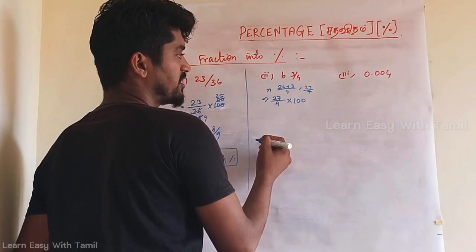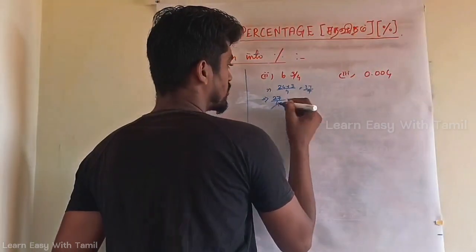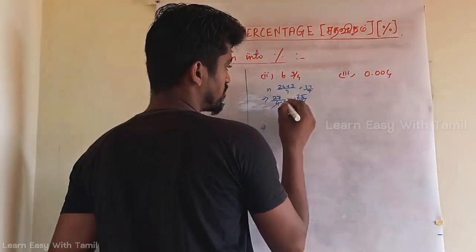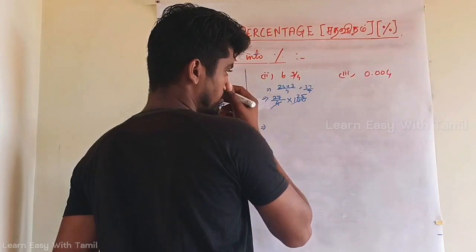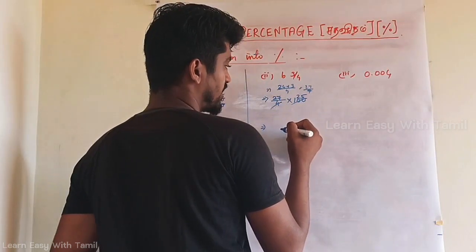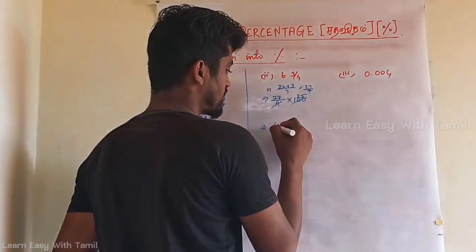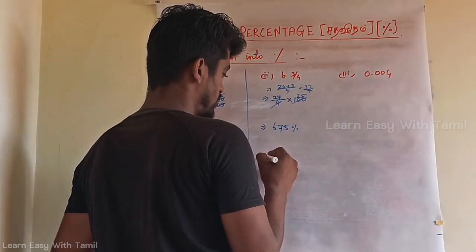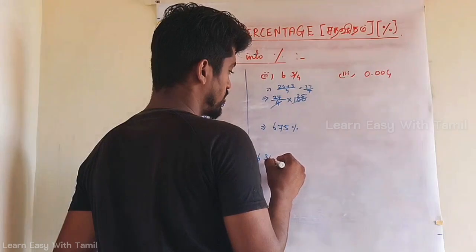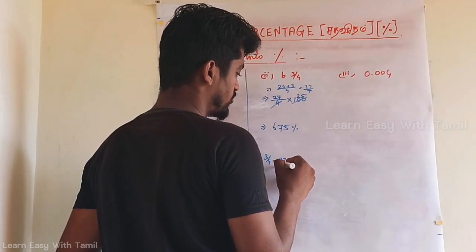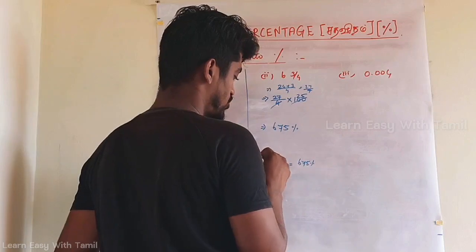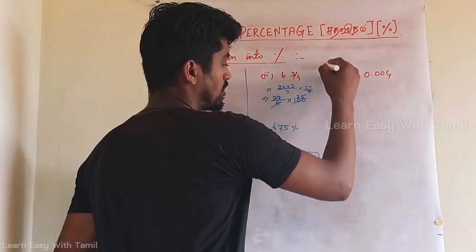We have to multiply with 100. One fours are 4, 25 times of 4 is 100. The percentage is 675 percentage. So 6 3 by 4 is equal to 27 by 4. The value is 675 percentage.